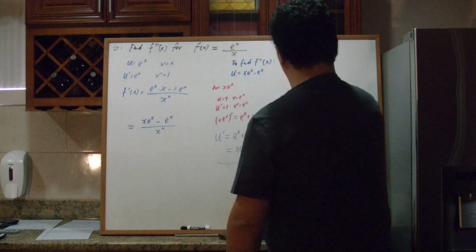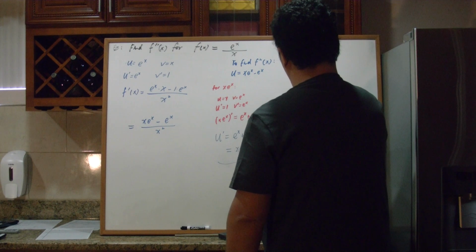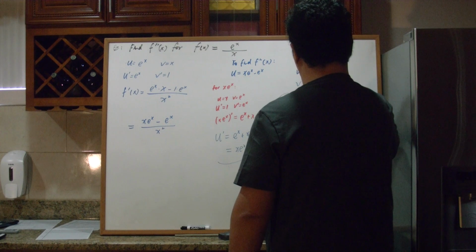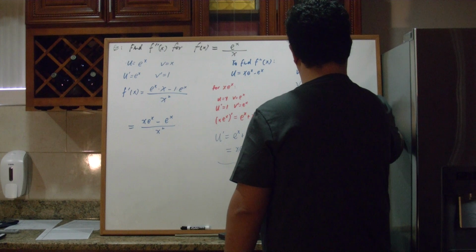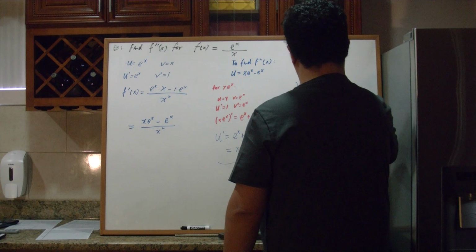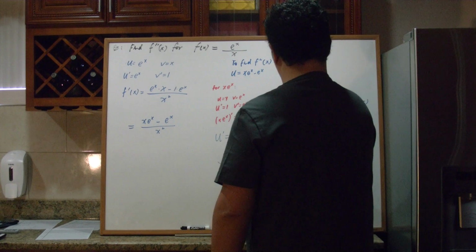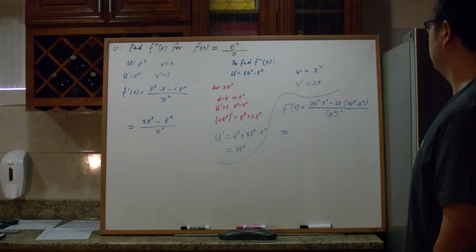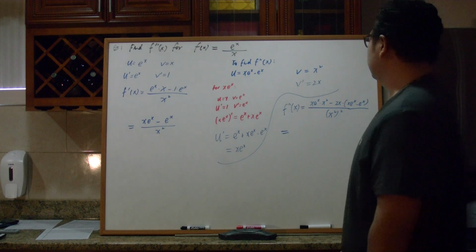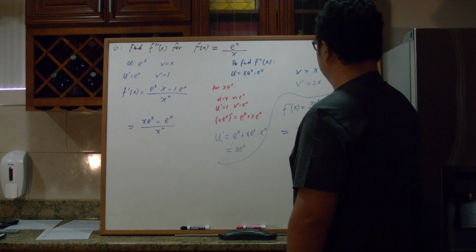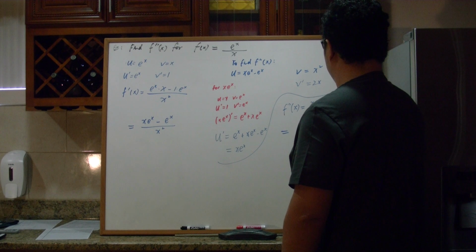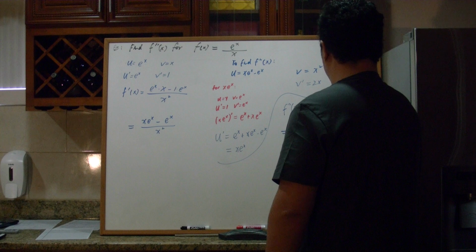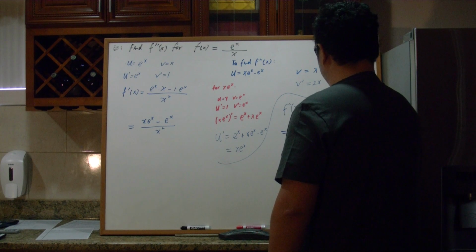Then f double prime, we get u prime times v minus v prime times u over the square of x squared. That we get x cubed e to the x minus 2x squared e to the x plus 2x e to the x over x to the fourth.